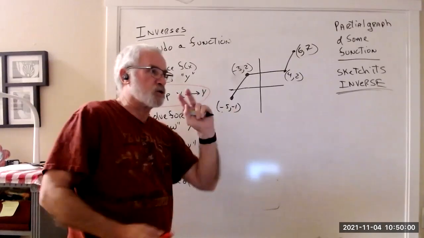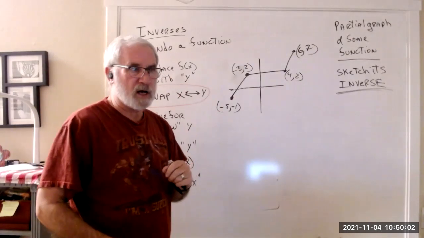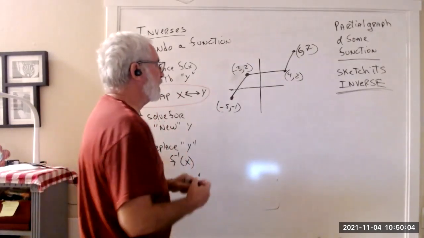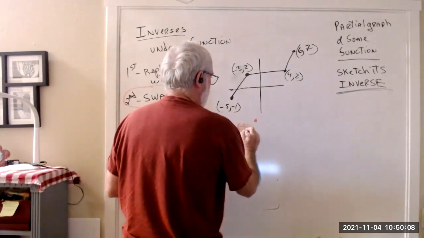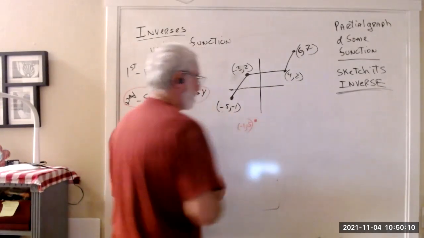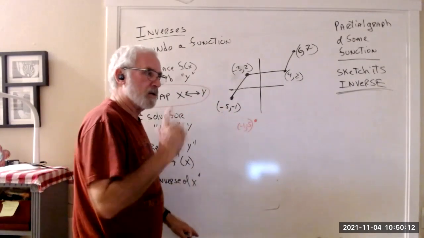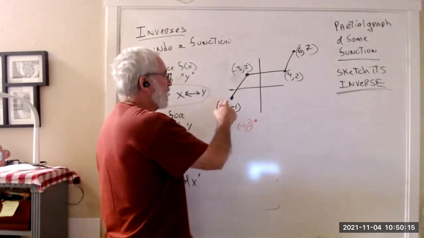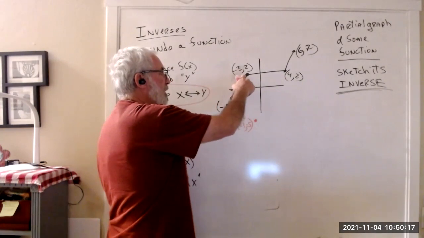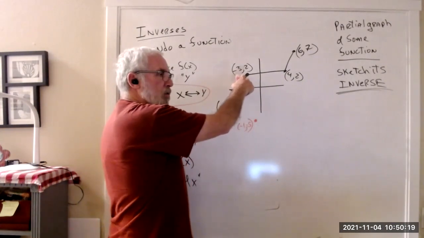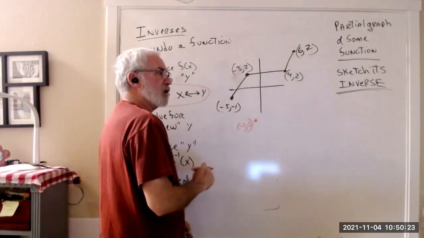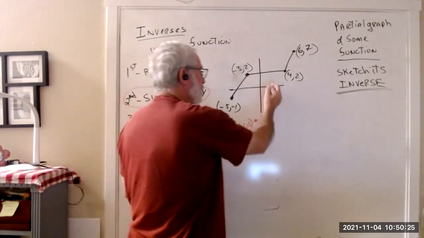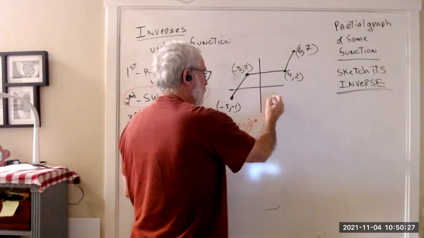If we swap the X's and the Y's, it will become -1, -5. Now think about this. This connects to -3, 2. But if we swap the X's and the Y's, it'll go to 2, -3. Something like that.